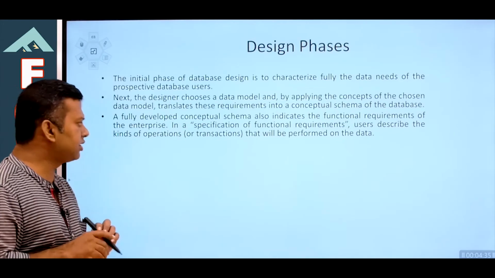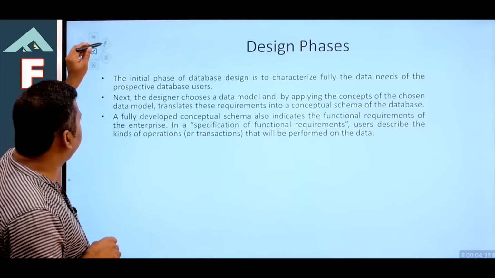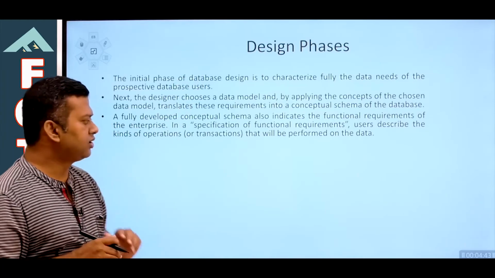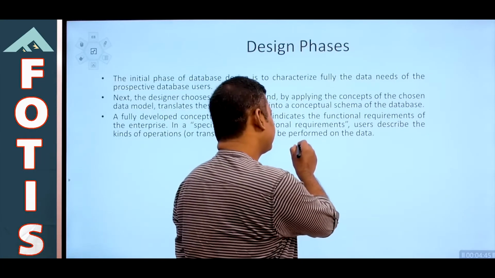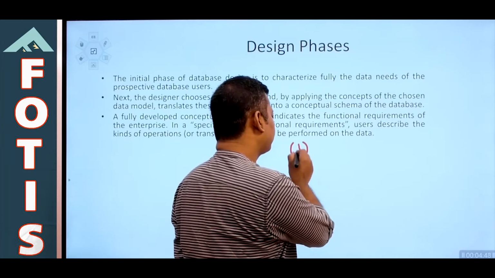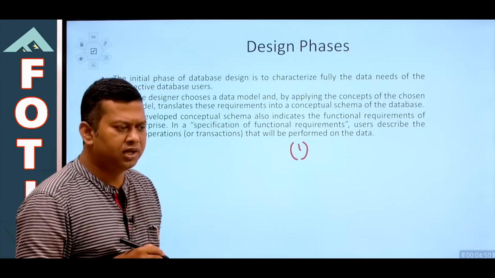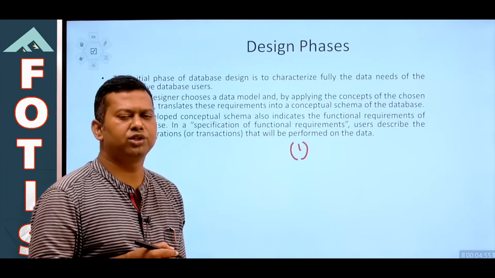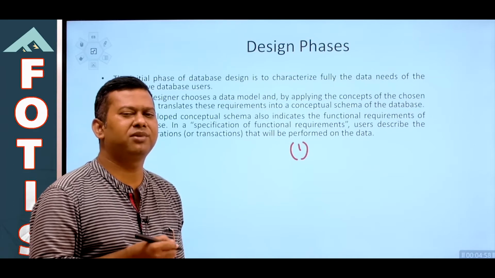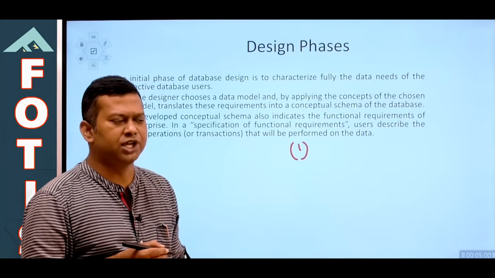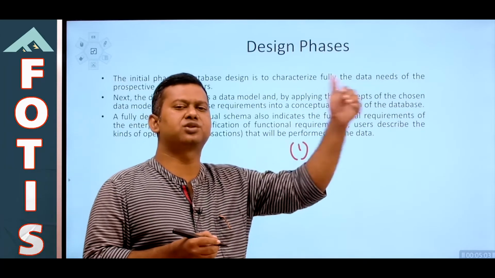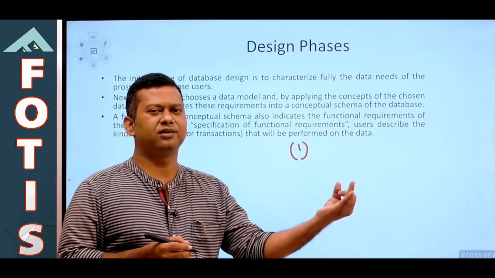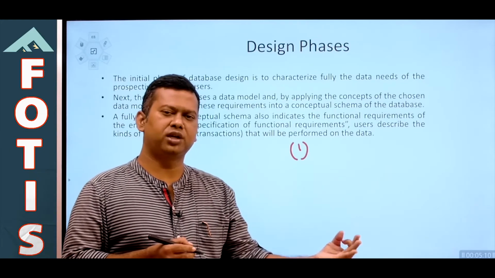So friends, very simple. What we do in database design phases, step 1. For example, if I want to design a database for a school, what should I do? I should identify my end users. End users means the people who are going to use this school database, maybe the principal, teacher, the librarian, then maybe student, parent.